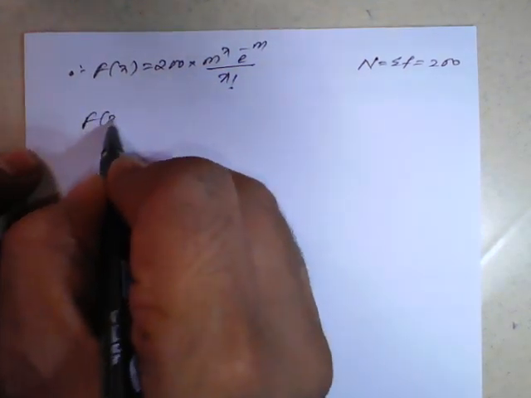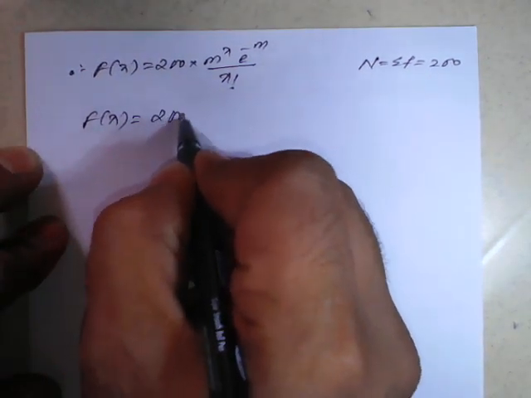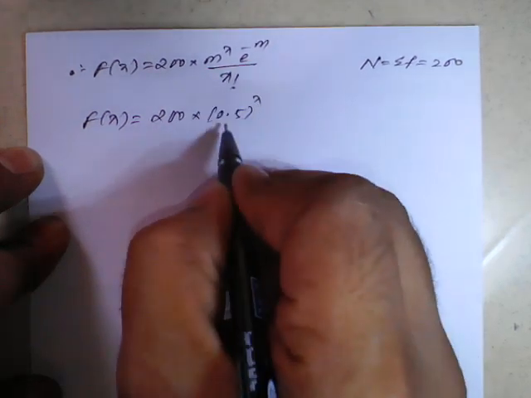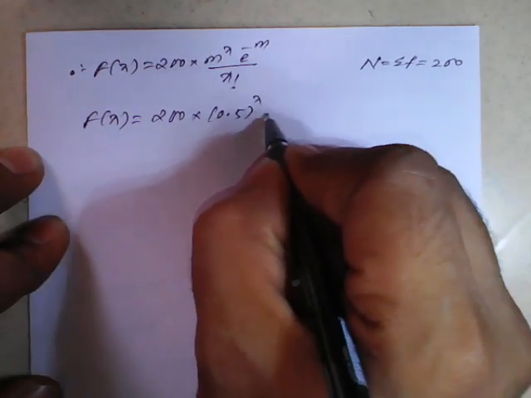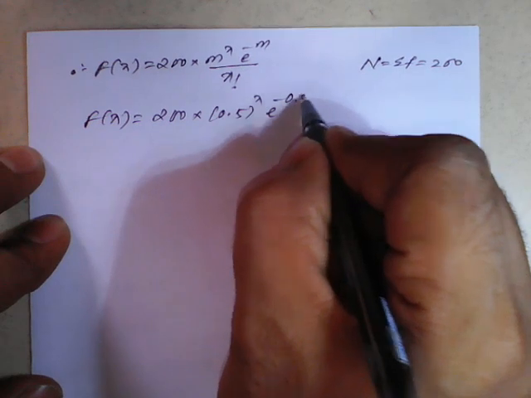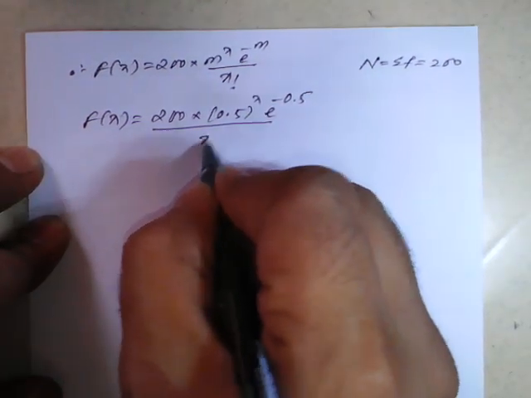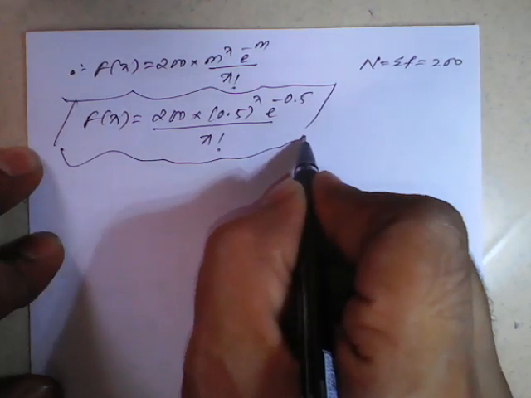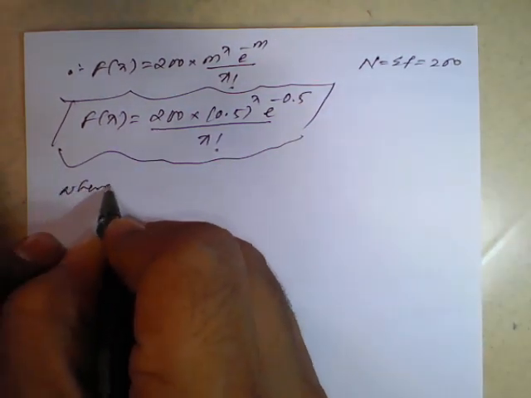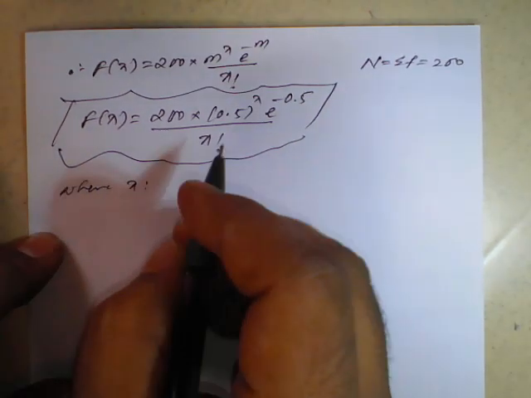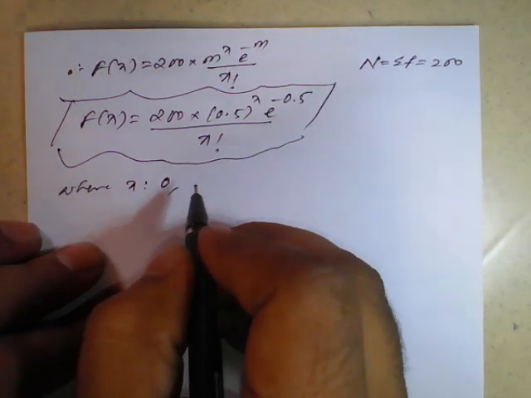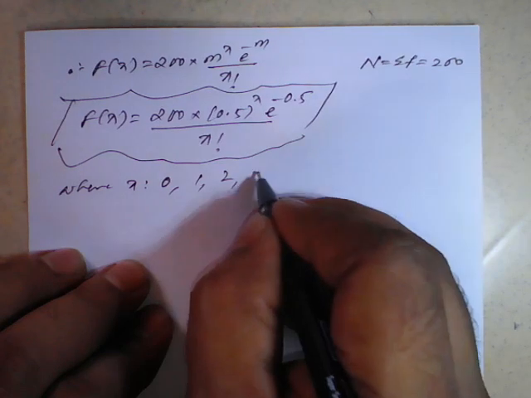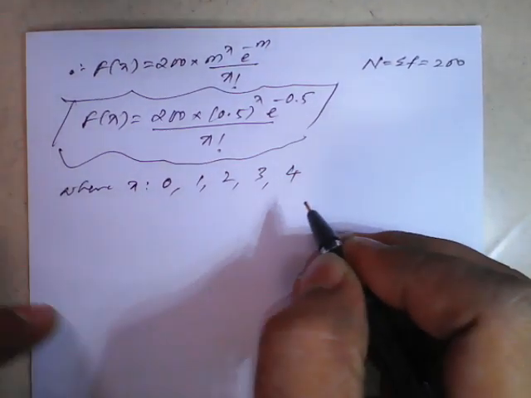So f of x is equal to 200 into 0.5, because the m value is 0.5 we got, raised to x, e raised to minus 0.5, divided by x factorial, where x takes the values 0, 1, 2, 3 and 4.